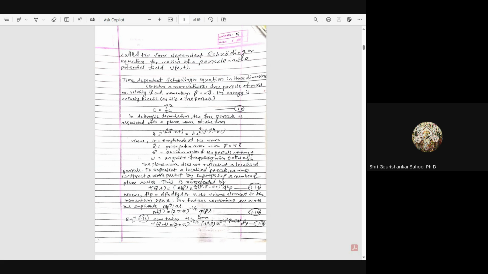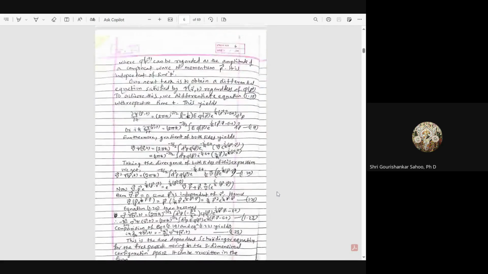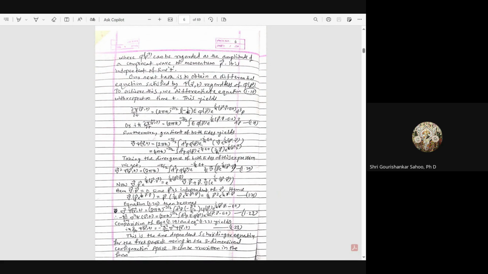So now you can write the Schrodinger equation as del psi by del t is equal to 2 pi h cross to the power minus 3 by 2 integration from minus infinity to infinity of minus i by h cross E phi e to the power i by h cross p dot r minus Et d cubed p. Okay. So in one dimension, you have written del square psi by del x square.